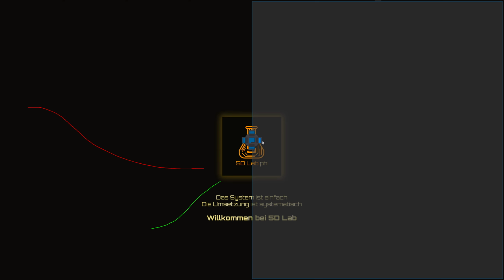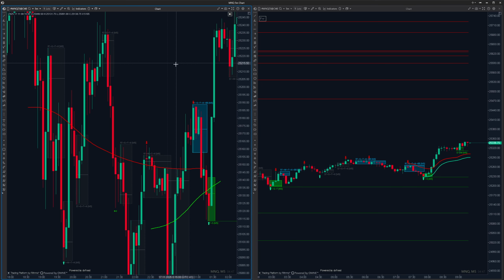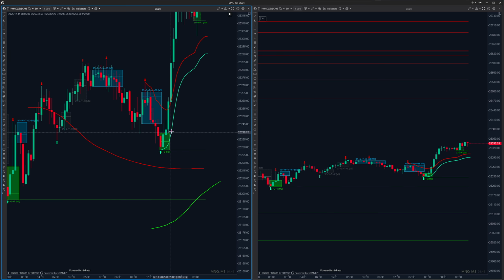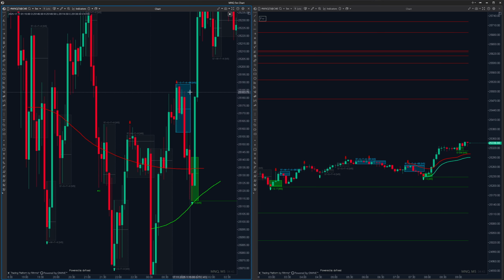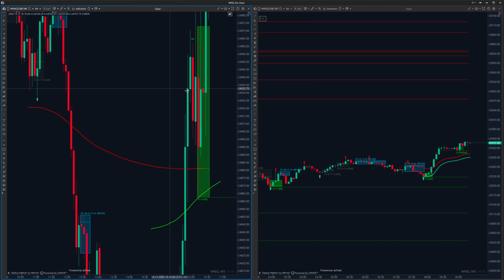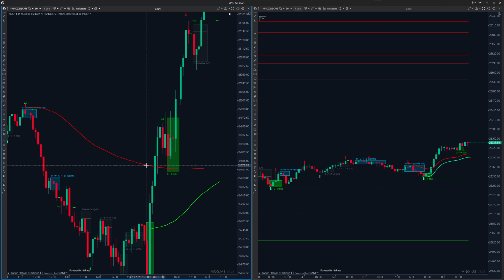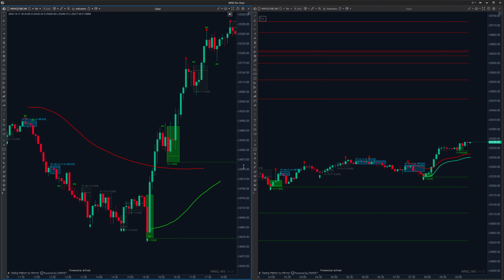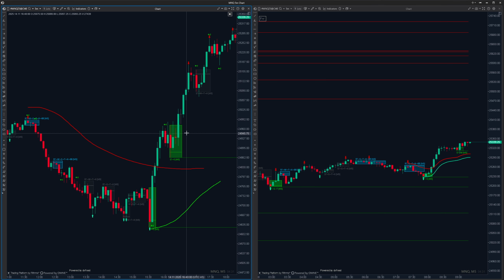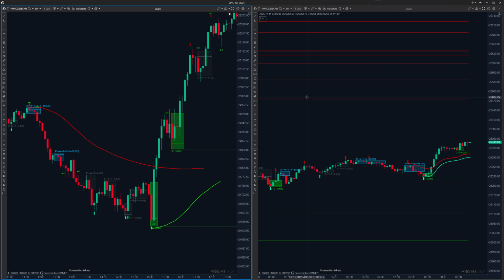I will add it here. And I need to find the area I talked about. I know already. It changed a lot. I probably have to redraw it again. Oh no, it's okay. Now it's good enough. And you wait for the pullback.